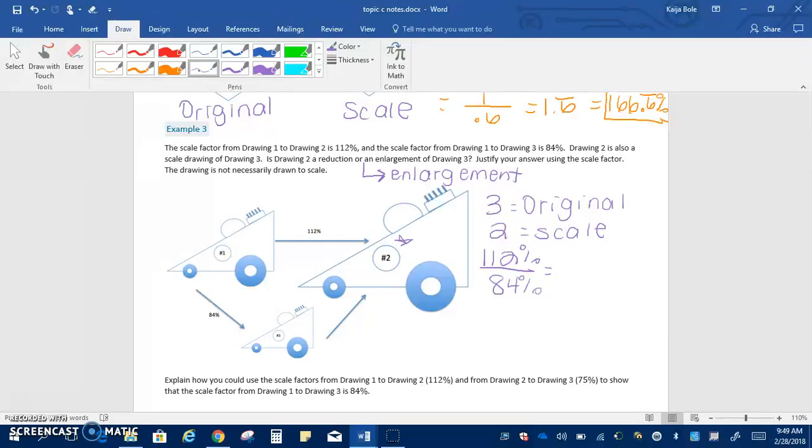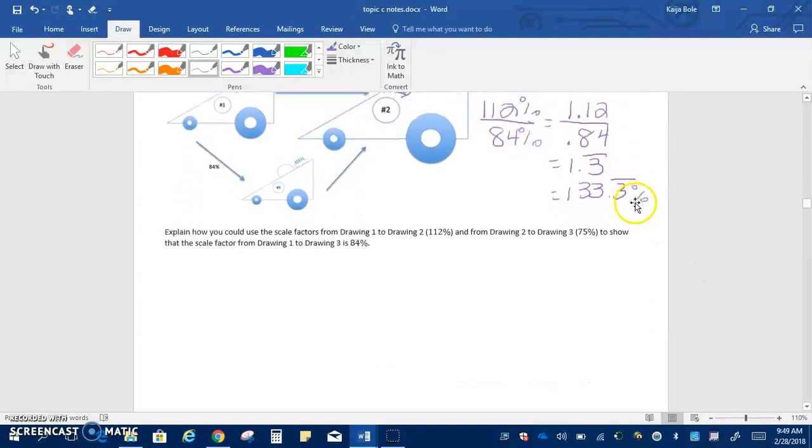When we rewrite it as decimals, we'd have 1.12 over 0.84. And when you divide that, you get 1.3 repeating, which as a percent would be 133.3 repeating percent.